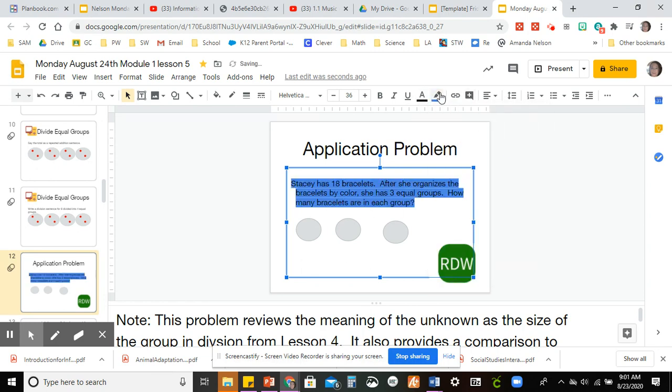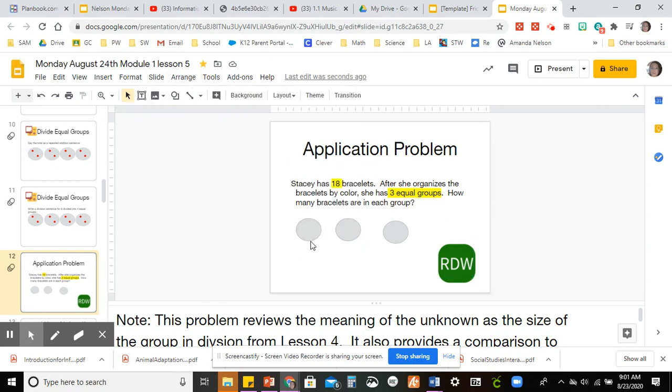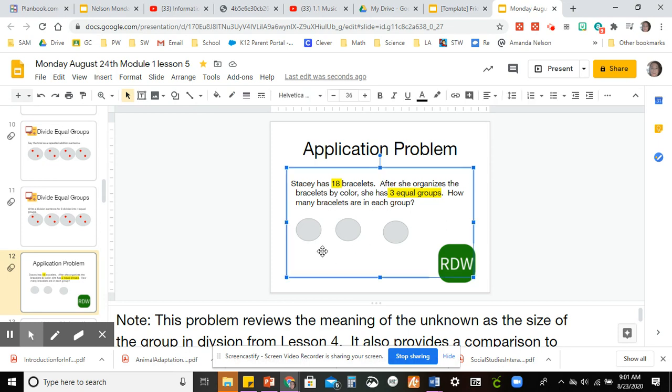Let's see if I can do this with blue. Oh, whoops, I didn't want to highlight the whole thing. Oh, geez. Are you guys enjoying this? You're probably all so much smarter than me about this stuff, and you're like, Mrs. Nelson, you just need to do this to make little dots. That's okay.